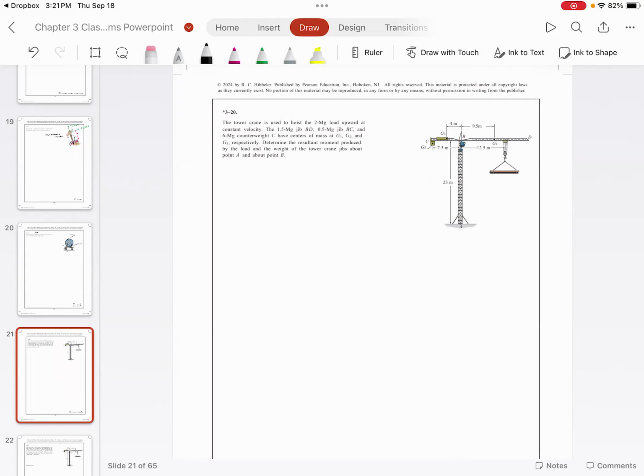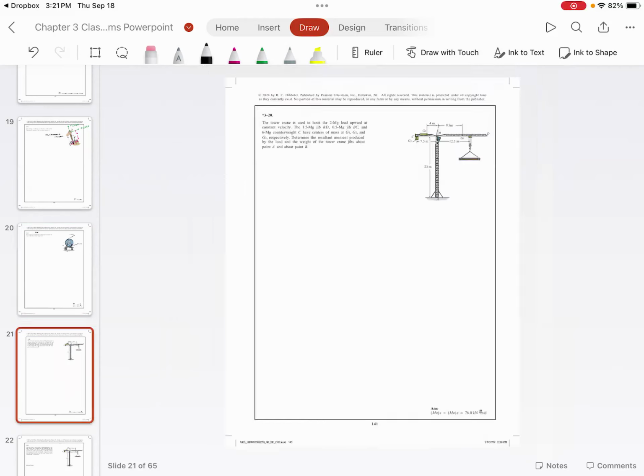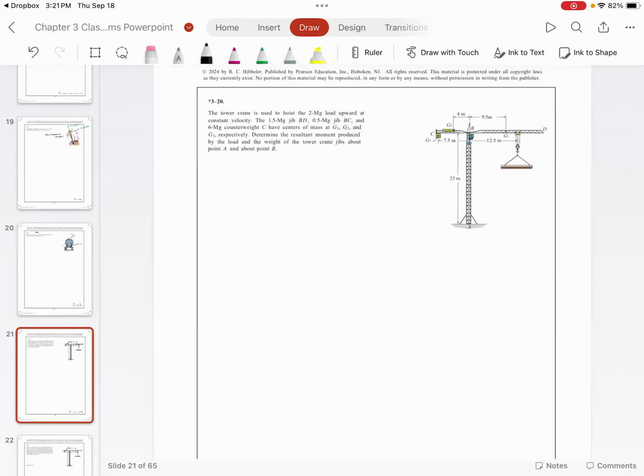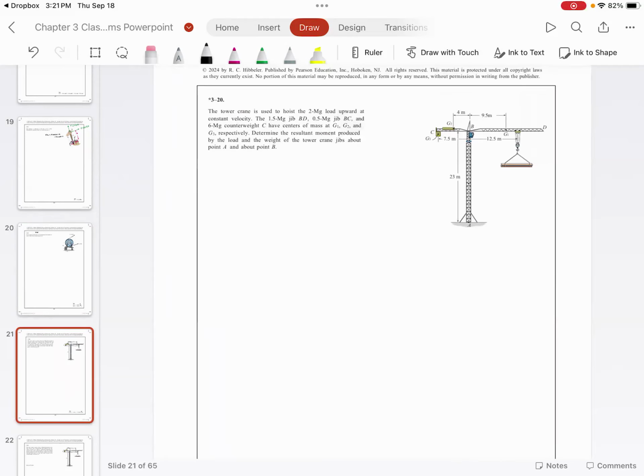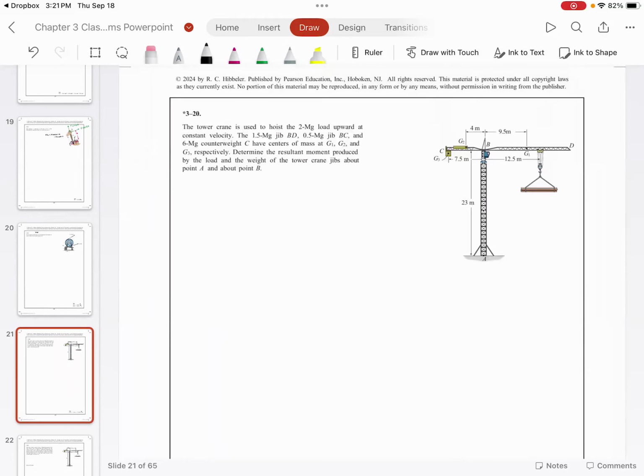Yeah. So 319 is a homework. Again, this is also a similar problem. What you have is mg, which stands for megagram, 1000 kilos.